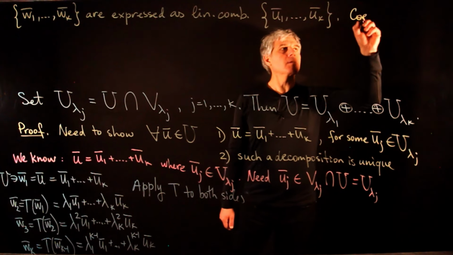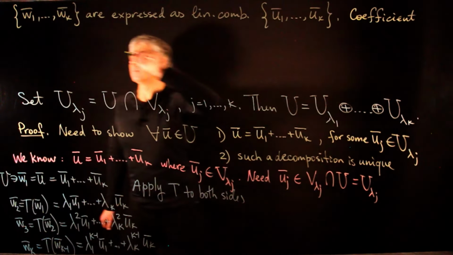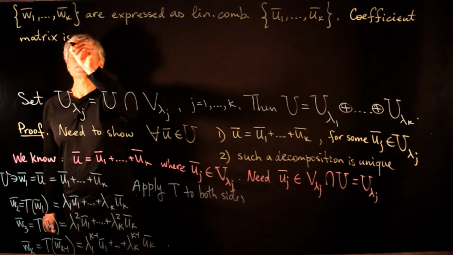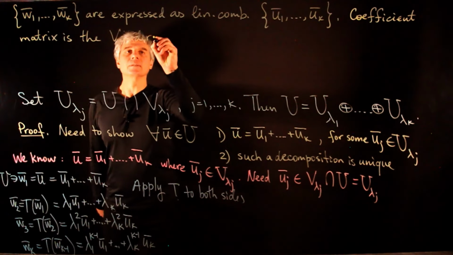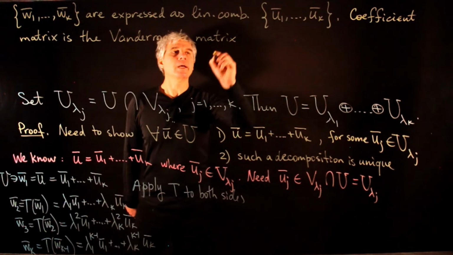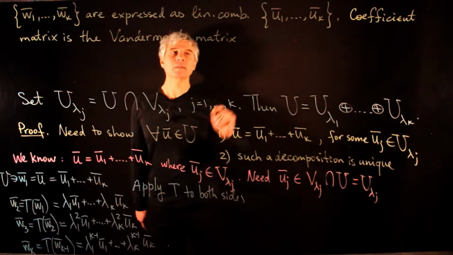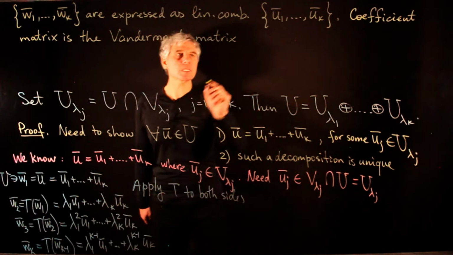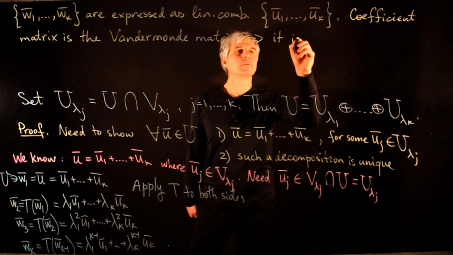But the coefficient matrix of these expansions is the Vandermonde matrix. And since all these eigenvalues are distinct, we know that the determinant of the Vandermonde matrix is non-zero. So this tells us that it is invertible.